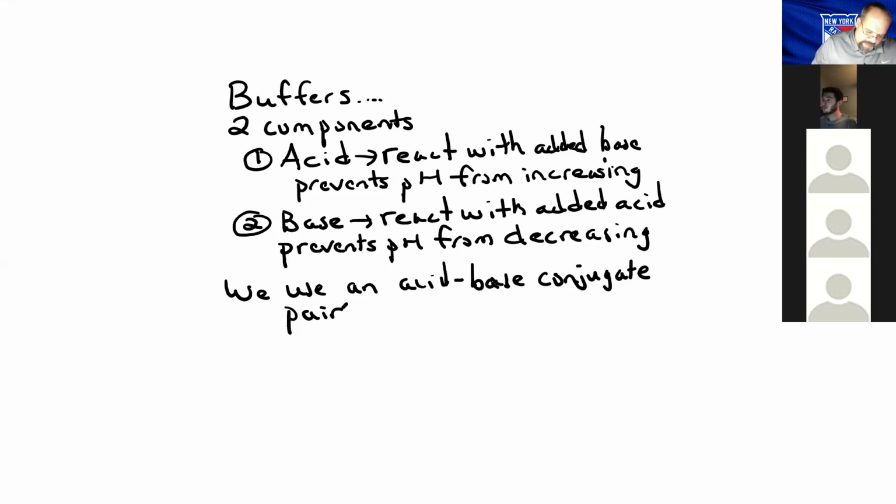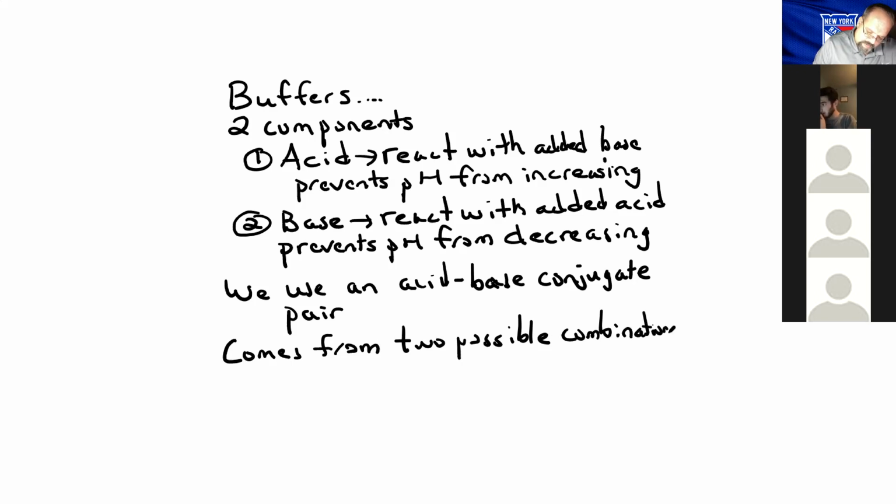Now, the conjugate pair comes from two possible combinations. And the one combination that we focus on in this course is the weak acid and salt, which provides the conjugate base.